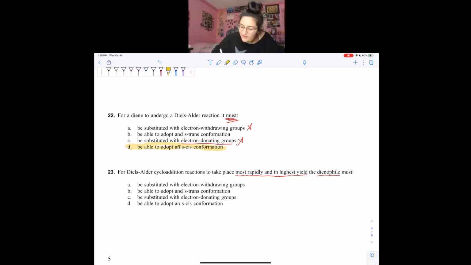The dienophile is not going to be S-trans or S-cis, so we can knock those out. And then we know we want electron withdrawing groups because withdrawing groups are going to make electrophiles more electrophilic, and donating groups make it more nucleophilic.